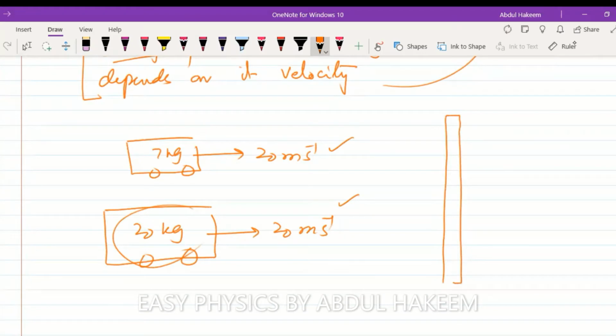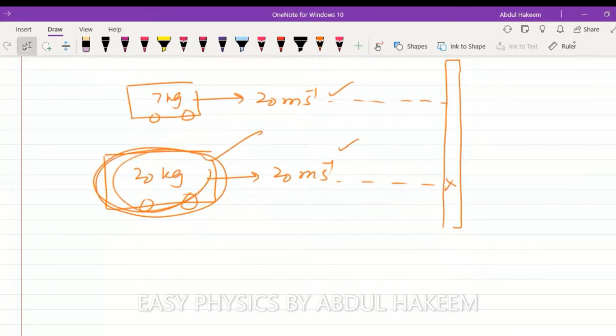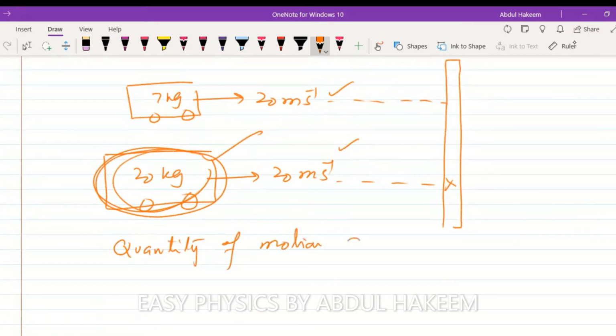Definitely, the larger object, the greater in mass, will show more destruction in the barrier. So the quantity of motion of any object also depends on the mass of the object.